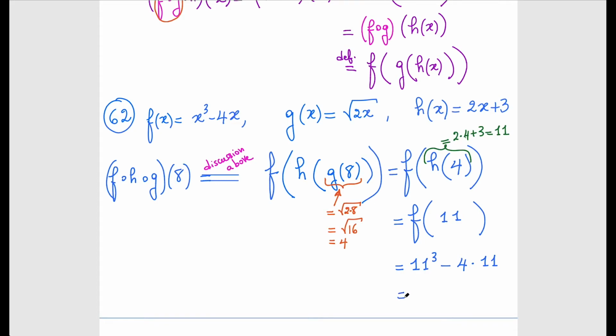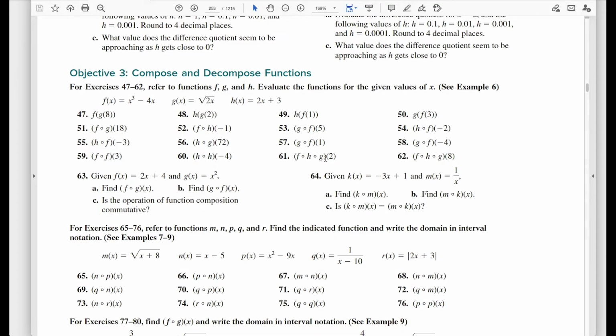And here you get, the answer should be 1287. Don't worry about the answer, as long as you understand how these things operate, that last step is not necessary. I can accept this as a final answer. Okay? All right.